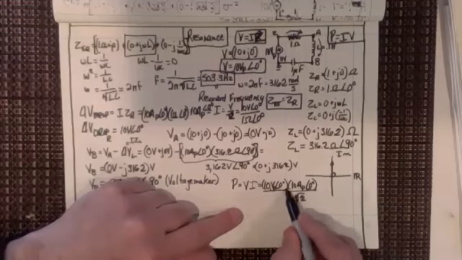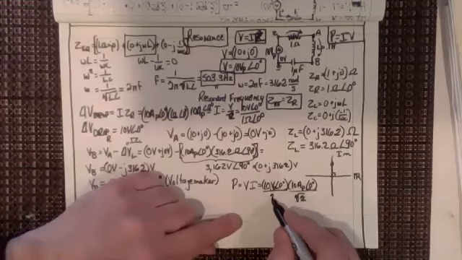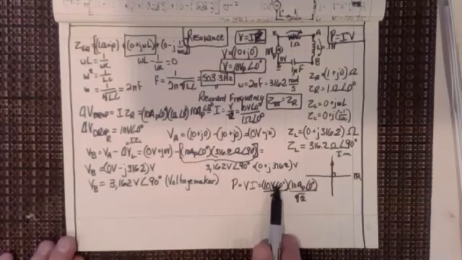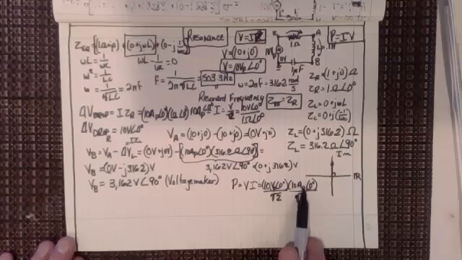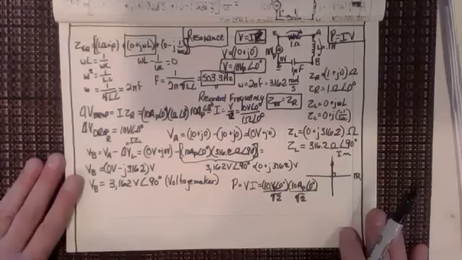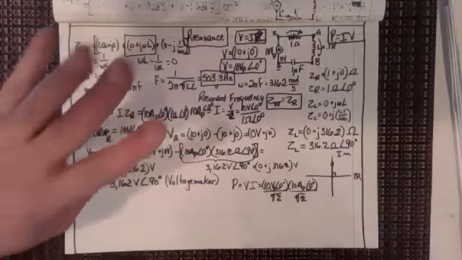RMS. And of course, the reason I wait till the end to do this is I wanted to show you again what do we got here? We got the square root of 2 under 10 volts peak, and we've got the square root of 2 under 10 amps peak, right? So the square root of 2 times the square root of 2 equals 2. I love it when that happens.